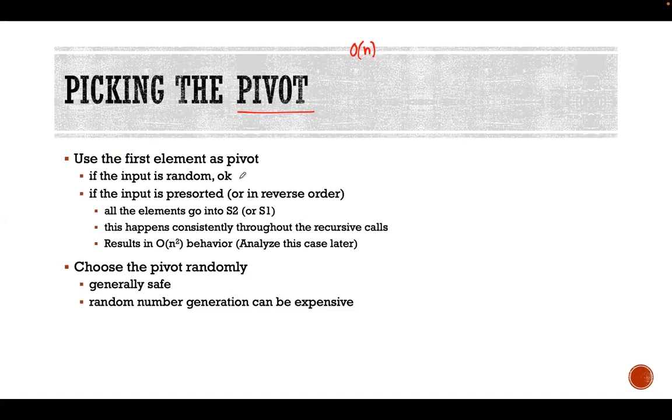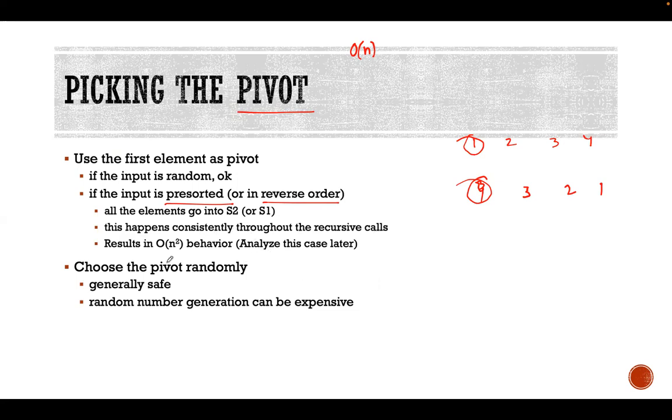In the average case it can work fine, and it can divide the whole array into equal lengths. But if the input is pre-sorted, like 1 2 3 4, and we pick the first element as pivot, or if the input is in reverse order, like 4 3 2 1, and we are picking the first element as pivot, that means all the elements will go into S2 or S1, and that happens consistently throughout the recursive calls.